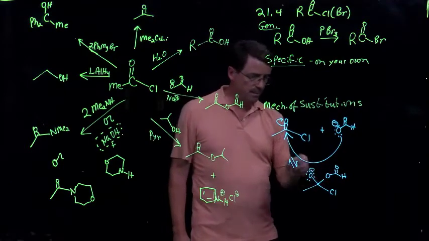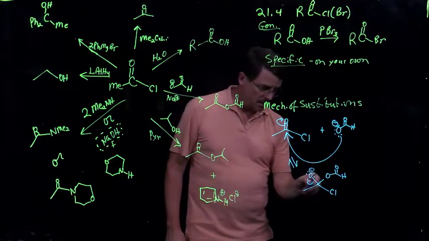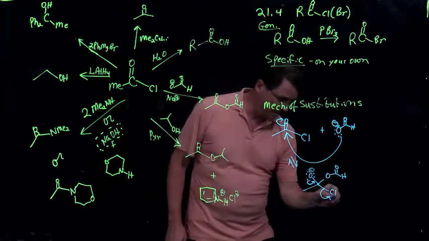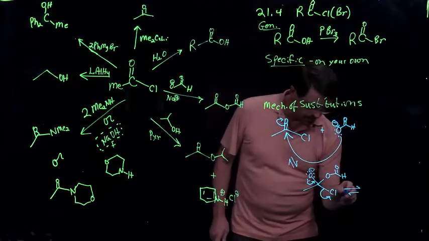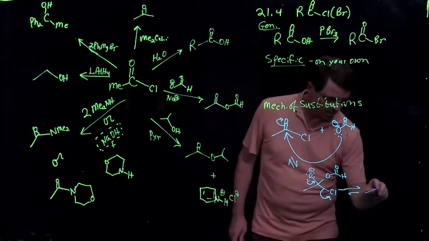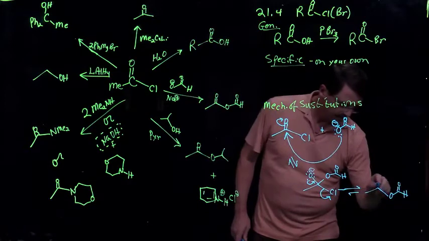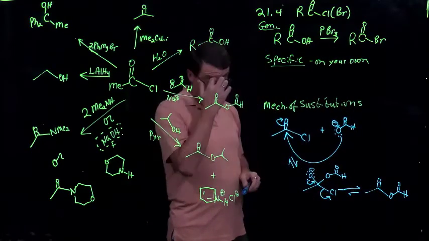If you kick out the formate, you go back to where we started from. But to go forward, you bring the lone pair down, you displace the chloride leaving group. This is reversible, but in this case, this one's going to lie heavily toward the anhydride. And so there you have the fundamental mechanism.